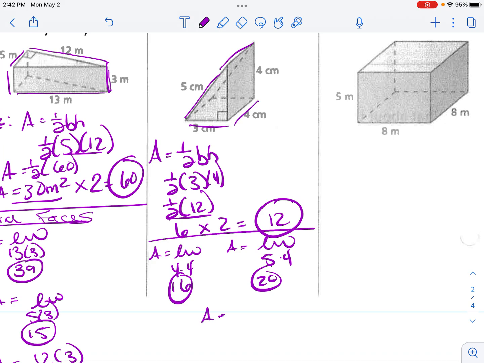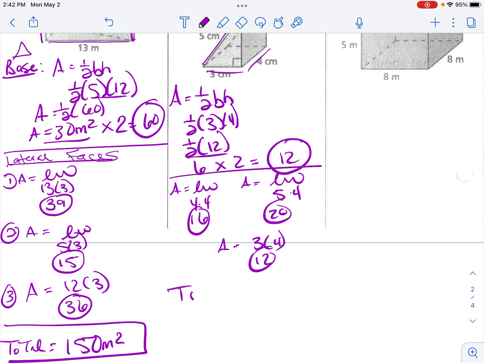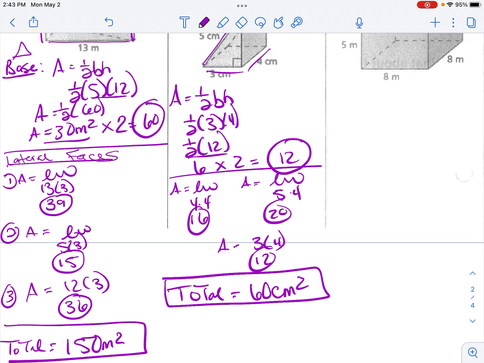And then I've got the 3 by 4, which is 12. So then to find the total area, I can multiply 12 for the 2 triangles, 16, 20, and 12. So total area of the triangular prism you should have found is 60 square centimeters.